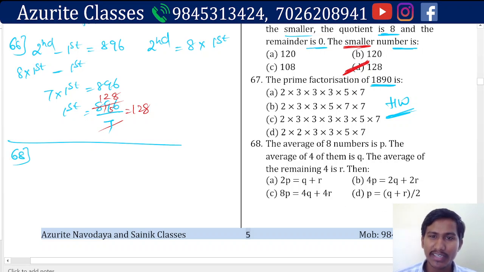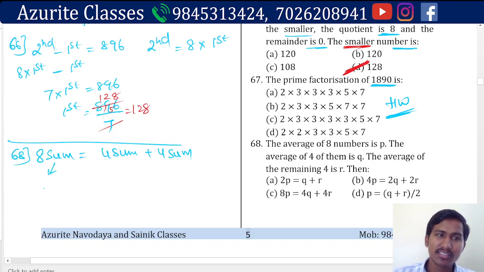Here we will take the sum of 8 numbers. The sum of 8 numbers is equal to the sum of 4 numbers plus the sum of 4 more numbers. The sum is equal to average into total numbers.